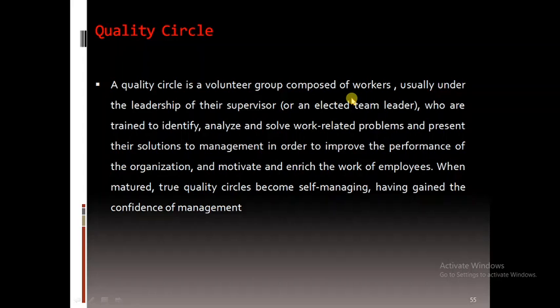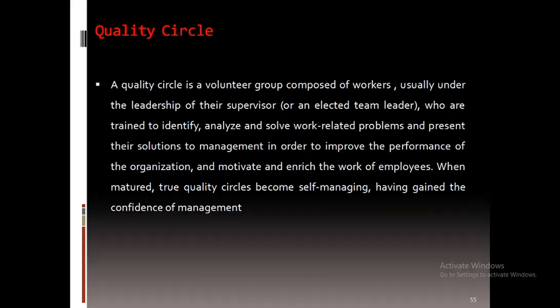At the meeting they speak only about their problems, analyze them and find the right solutions. The basic aim behind this quality circle is that all employees will take interest in their work, feel a sense of belongingness towards their company, and employees' suggestions will definitely help in solving quality related problems.